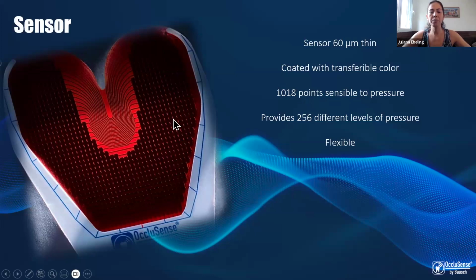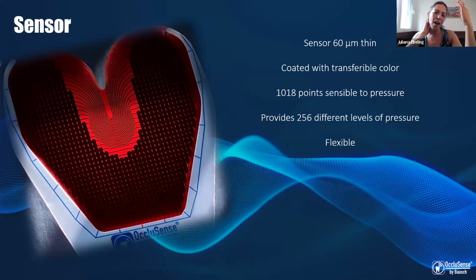And how does it work? Normally when we talk about pressure, we think in newtons. Here we have a different way to capture this pressure. It's about the interruption of the electric current. So when we have current passing through these electrodes, and a contact begins or happens, we have an intensity of interruption of this current, and this is interpreted as a pressure.